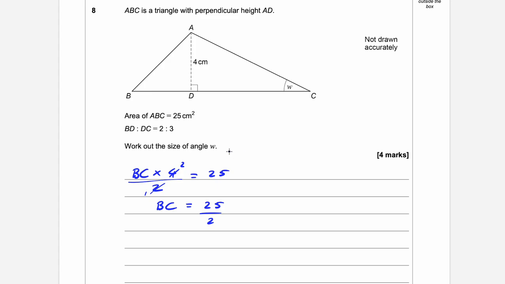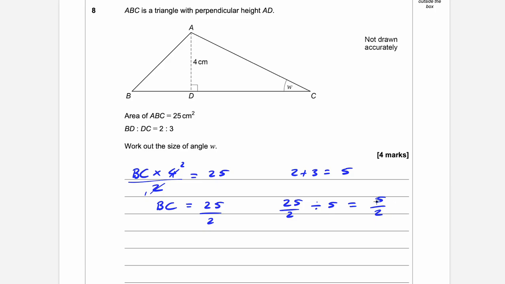So now I need to do 2 plus 3 is 5, because I'm going to split this length in the ratio 2 to 3. So I break it into 5 parts. 2 plus 3 is 5. Then I do 25 over 2 divided by 5. If you divide this by 5, you just divide the top by 5, guys. It's 5 over 2. You can actually use your calculator if you want.